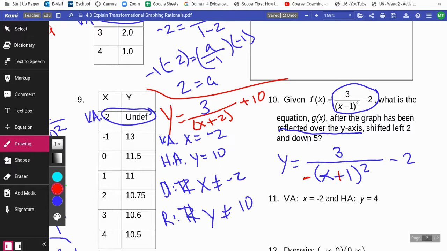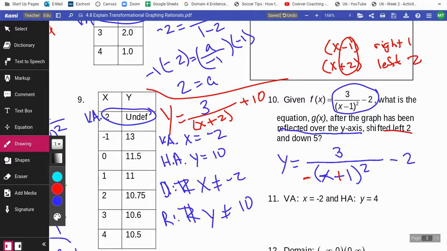Does that make sense? So we were at x minus 1, which means I went right 1. We want to go left 2. So essentially, I just combined those two numbers. So that became a plus 1.